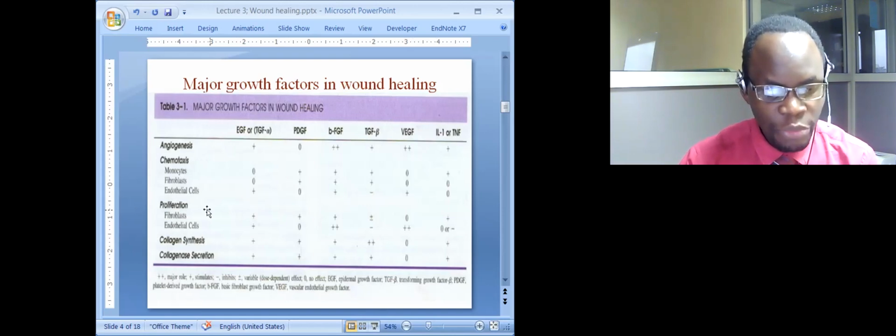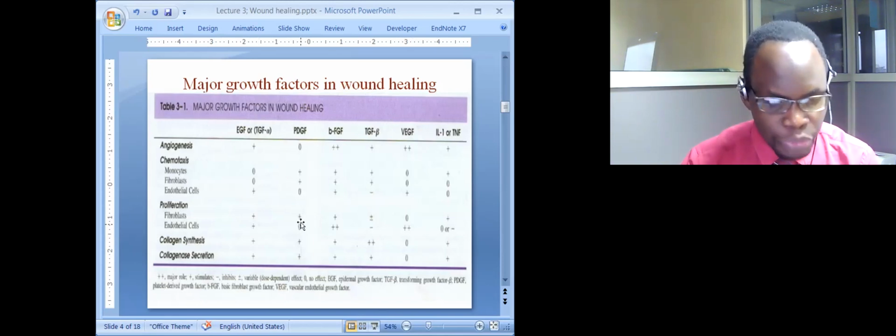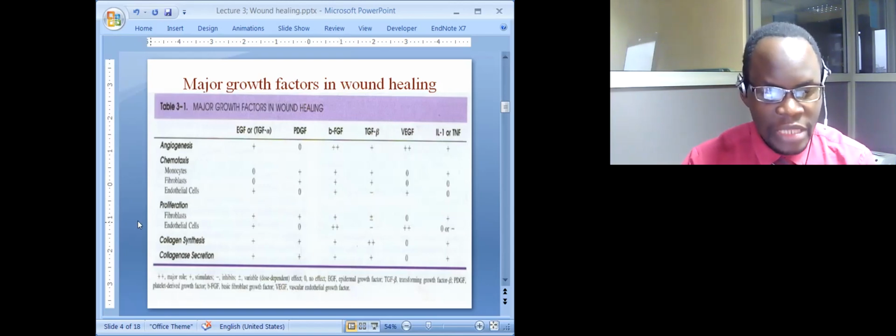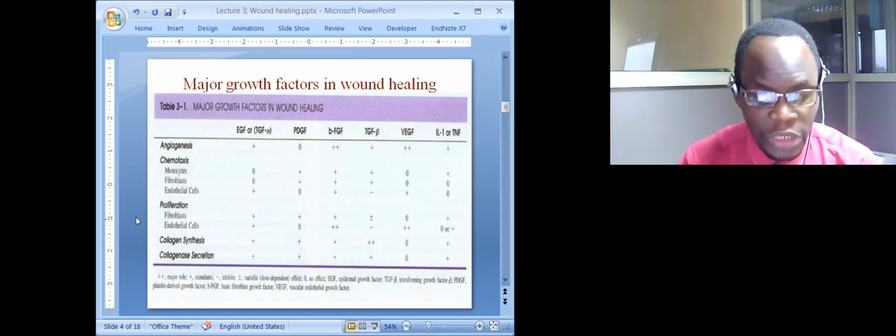And then the TNF factor is also a very good growth factor in this. So for proliferation of fibroblasts, this is essential. The platelet-derived growth factor is also very essential. Then the basic fibroblast growth factor is also very, very important as far as the process of proliferation is concerned.